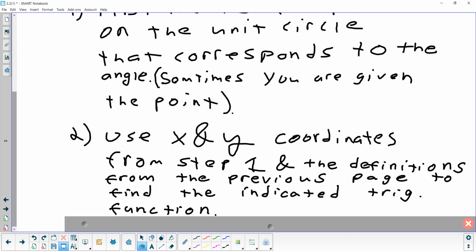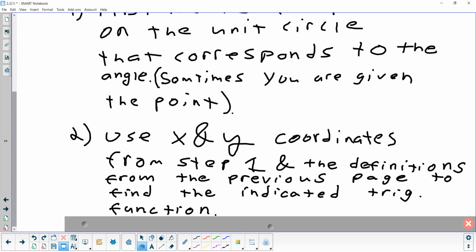In class and on the homework, we're going to practice all 6: the sine, the cosine, the tangent, the secant, the cosecant, and the cotangent. But on the test, you will have a problem that, for example, might just say find the cosine. And that's it.